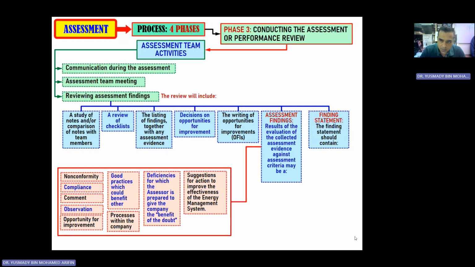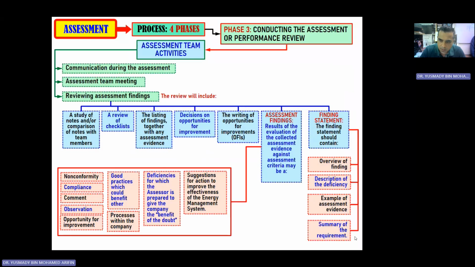In terms of finding statement, the finding statement should contain an overview of the finding, description of the deficiency, example of assessment evidence, and the summary of the requirement.